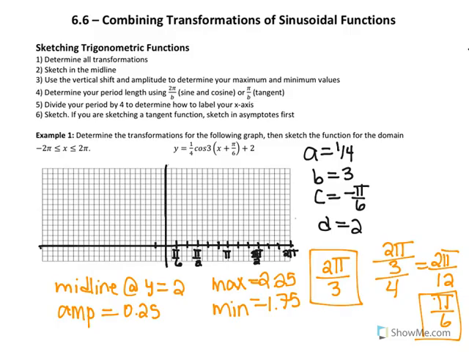And on this side, we're going to go 1, 2, 3, negative pi over 2. 1, 2, 3, negative pi. 1, 2, 3, negative 3 pi over 2. And 1, 2, 3, negative 2 pi.